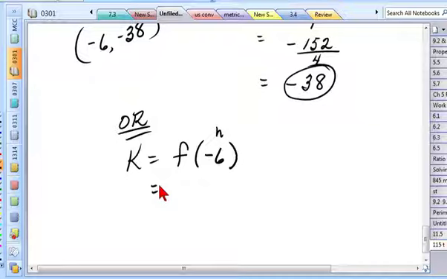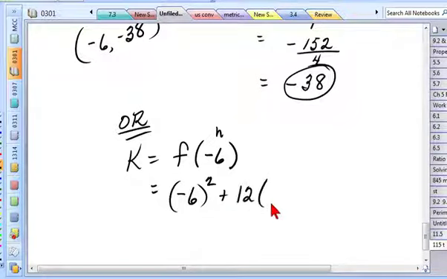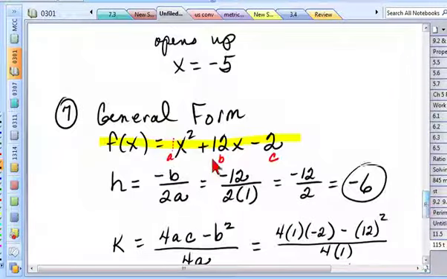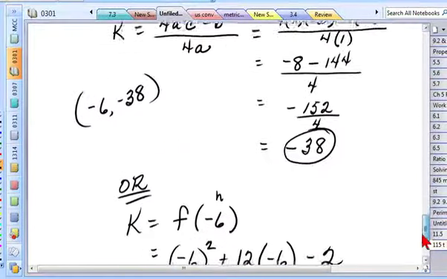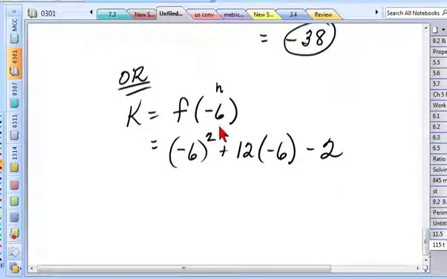So that is -6 squared plus 12 times -6 minus 2. Now, where did I get that? From the equation, from the function. Plugged in the x value, and I'm going to get the y that goes with it.